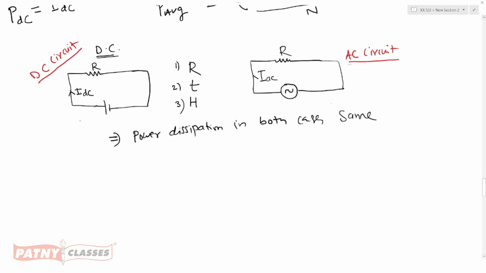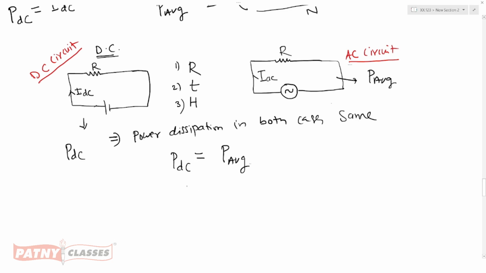So what is the power here? That is PDC. And what is the power in the AC circuit? That is P average. So when R is same, time is same, heat produced is same, then their powers are also same. That is, power in DC circuit equals average power in AC circuit.